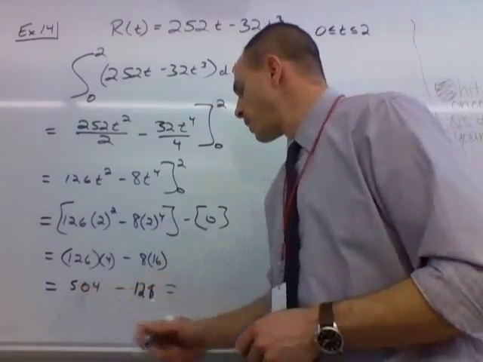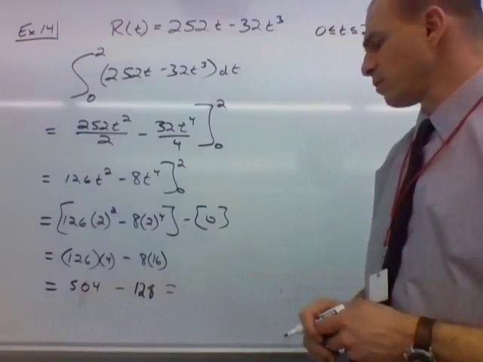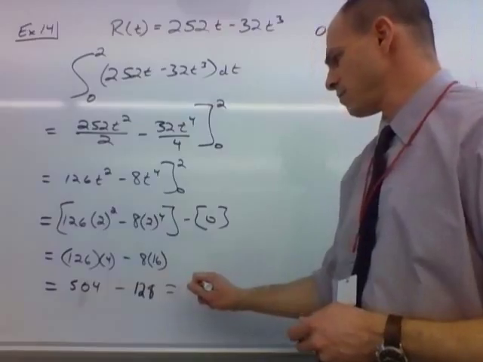So 504 minus 128, minus 130 would be 374, so 376.